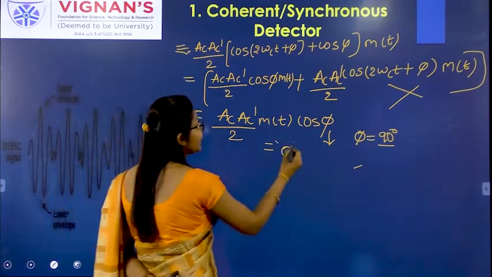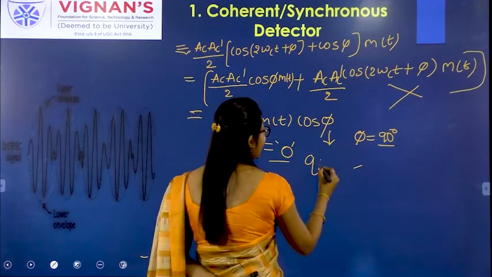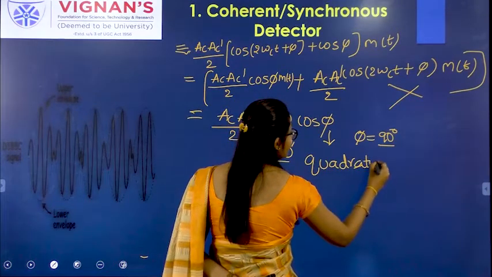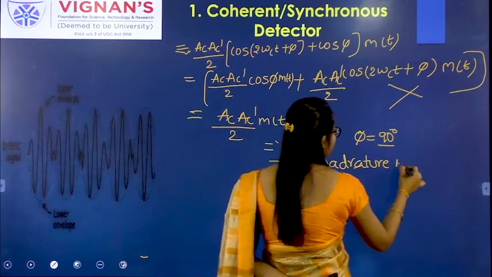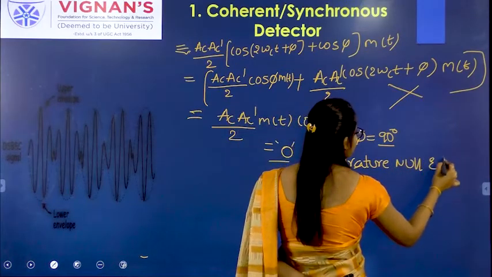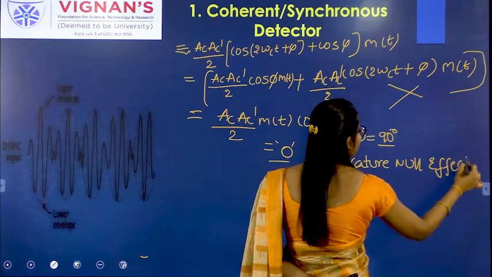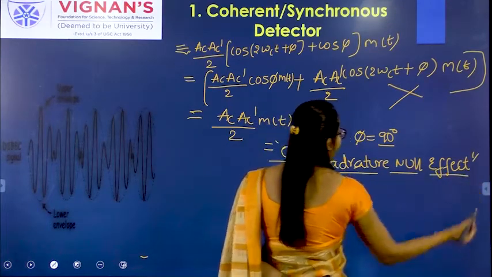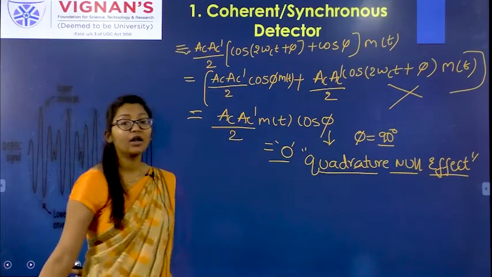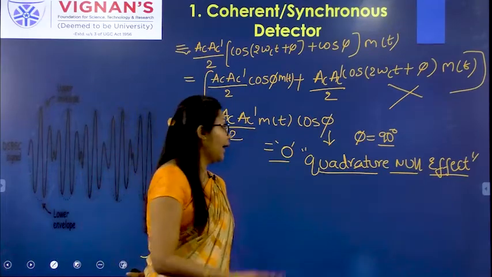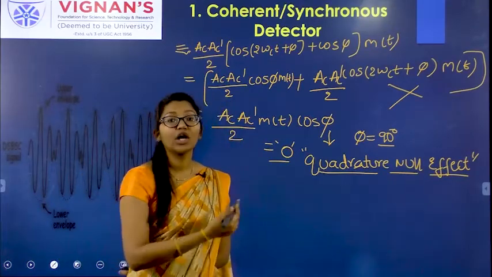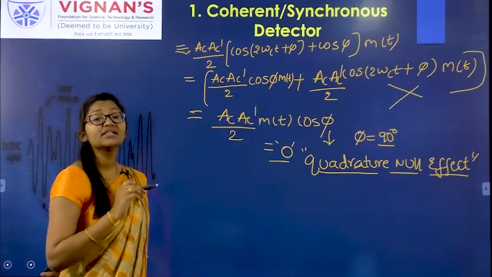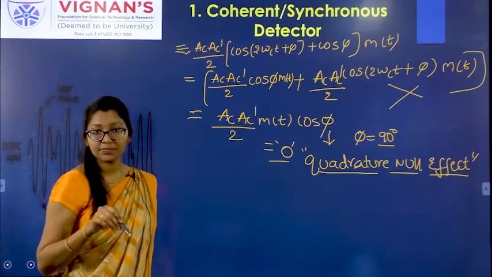This one we are calling the quadrature null effect. Null means our final output is 0, and why quadrature? If you take phi as 90 degrees, the carrier signal is cos of omega ct plus phi, right?